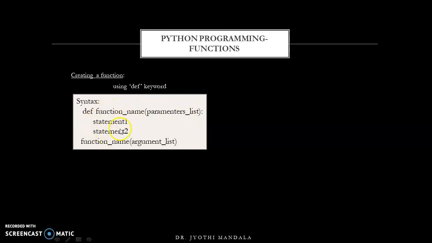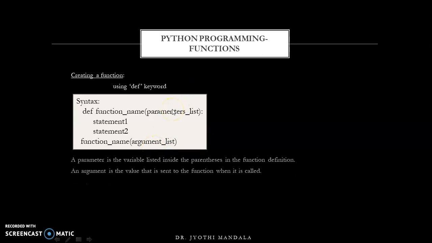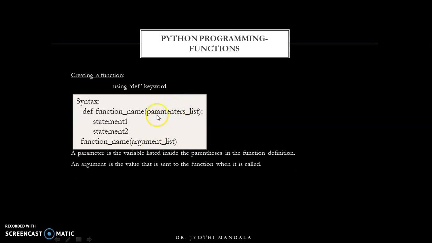After defining your function, you simply call it by using the function name and passing the arguments. Remember, the variables which you write inside the function definition are called parameters, and the variables which you pass at the time of the function call are referred to as arguments. Got it, all of you?